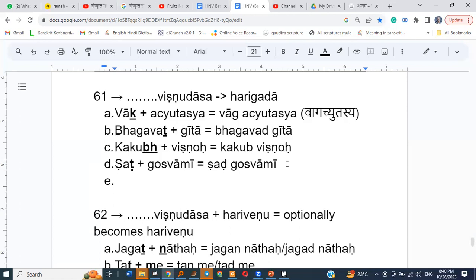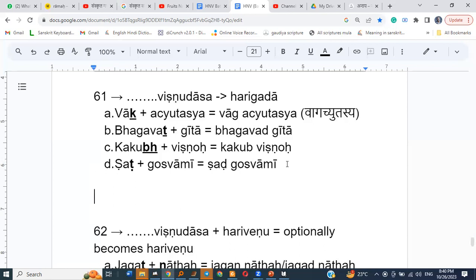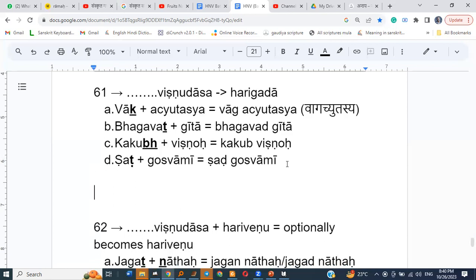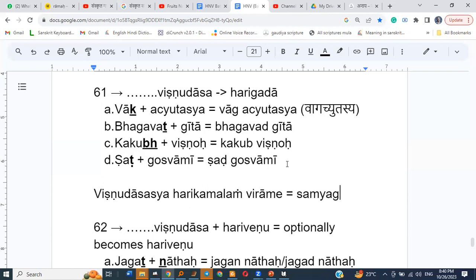Okay. Actually, for that one, there will be a sutra ahead. Sutra 61 applies, that is there. But there is a further sutra which says Vishnu Dasasya Hari Kamalam Va Virame. Virama means when there is nothing else following that word, like for example, samyak or samyag, just that much.